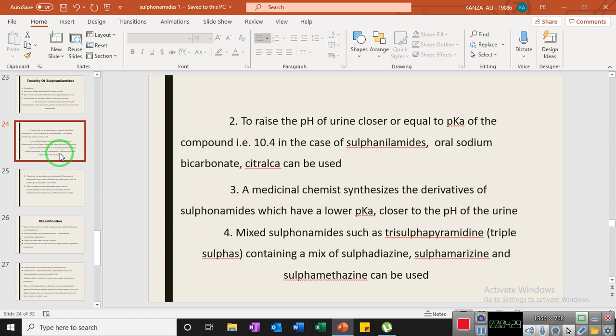When we have investigated why the crystals are formed in the urine, it was found that the difference between the pH of the urine and the pK of the compound will play a role.